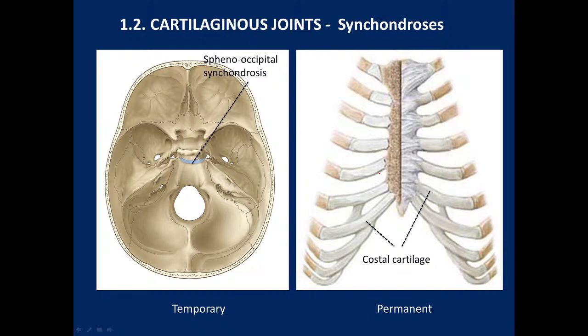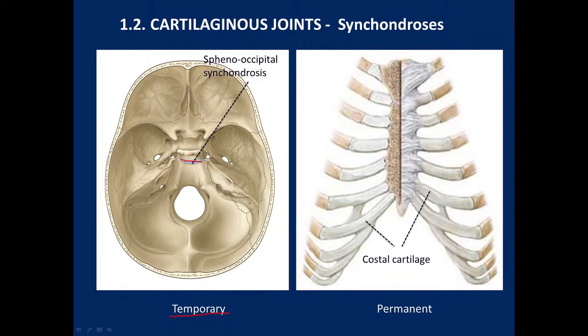All synchondroses may be temporary or permanent. For example, here in the skull we see a temporary synchondrosis between the occipital bone and sphenoidal bone. It means that after 25 years we couldn't find cartilage between these two bones at all.